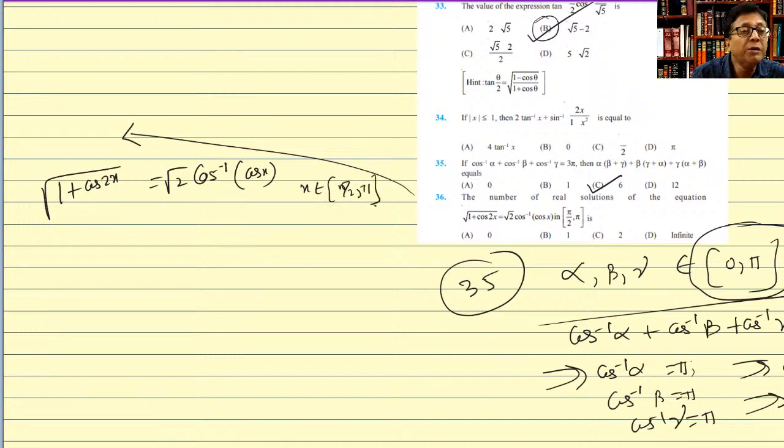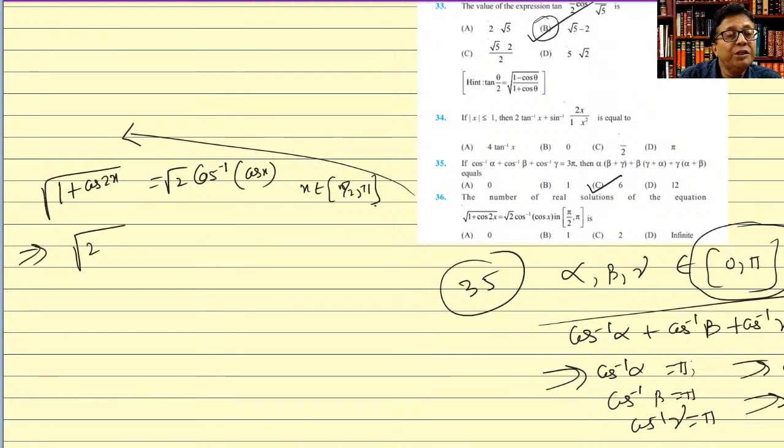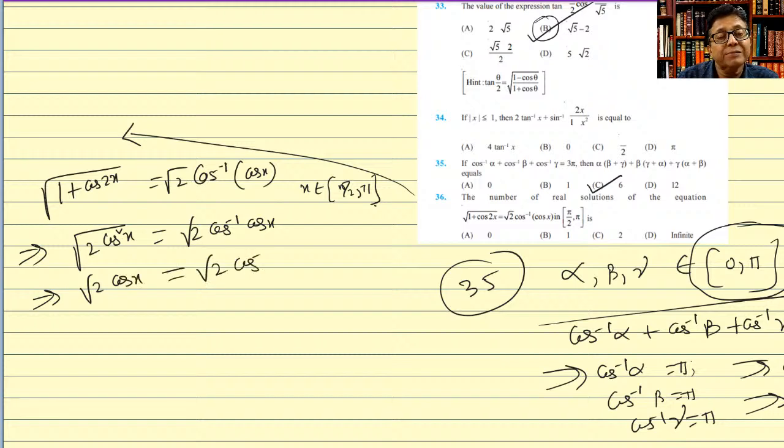So somehow you have to remove the inverse from there, otherwise you have to plot the graph. This is root 2 into... am I correct? X lies in this interval. So will you write root 2 cos x or minus root 2 cos x?